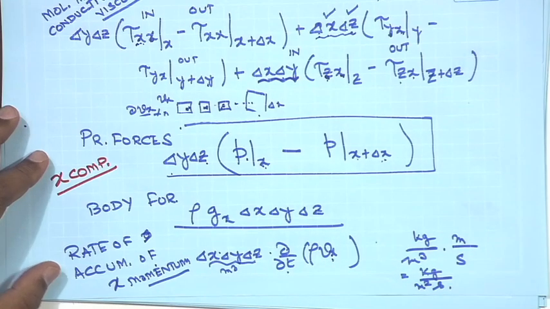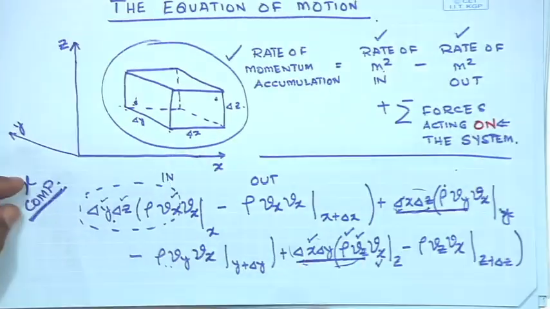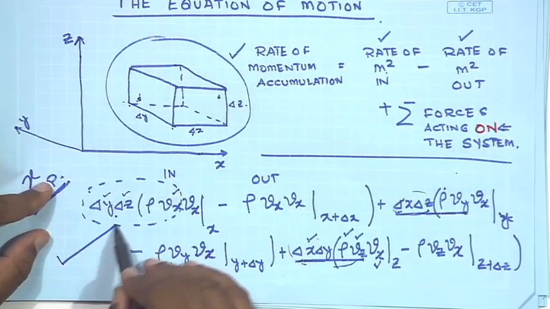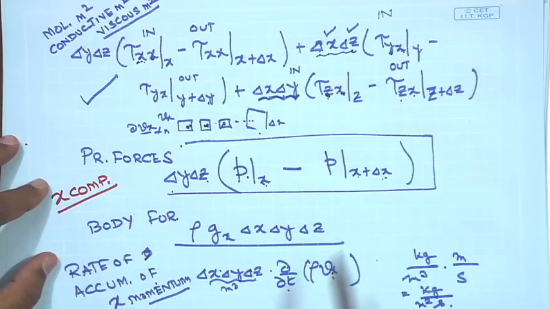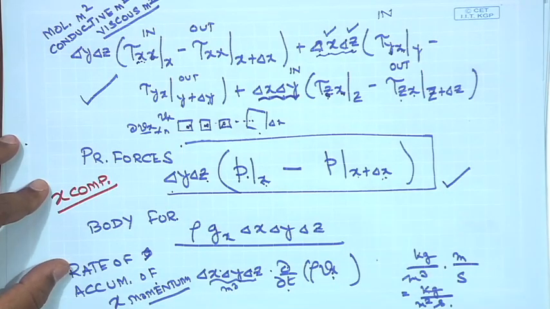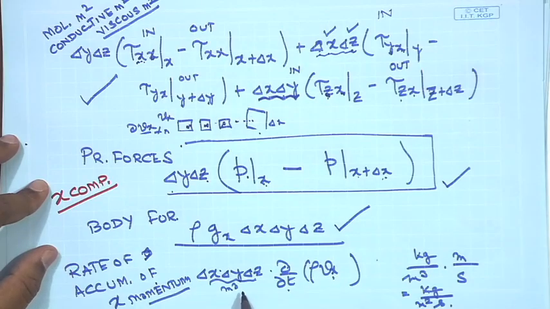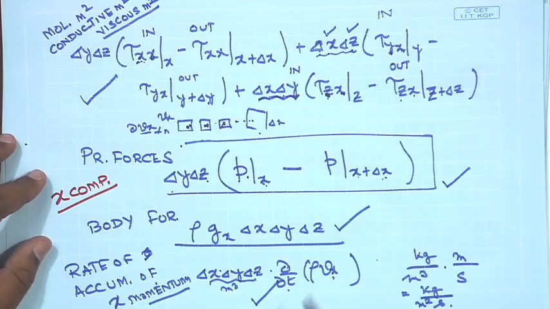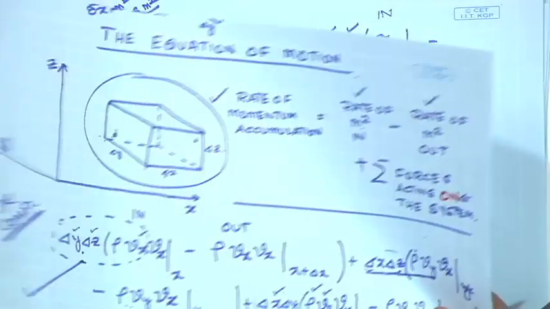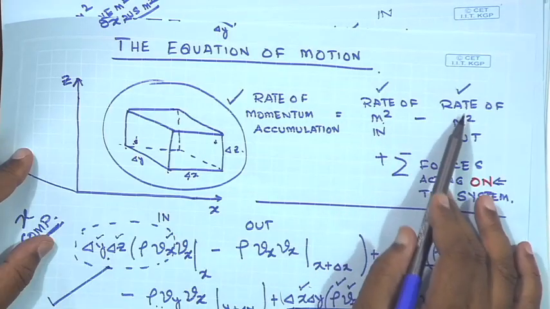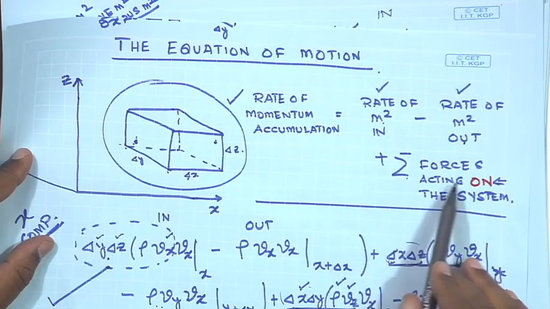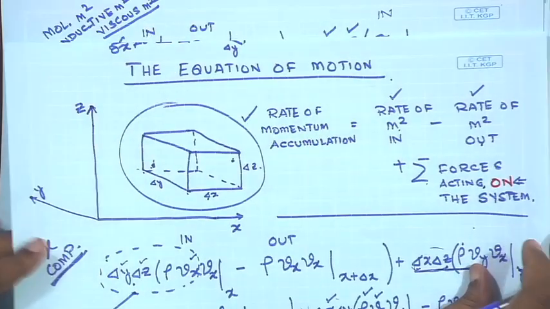So, if I take the convective momentum, conductive momentum, the x component of the pressure force, the x component of the body force, and the rate of accumulation of the x momentum, then according to the first equation which we have written, rate of momentum accumulation must be equal to rate of momentum in minus rate of momentum out plus sum of all forces acting on the system.